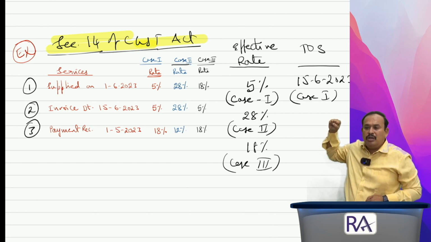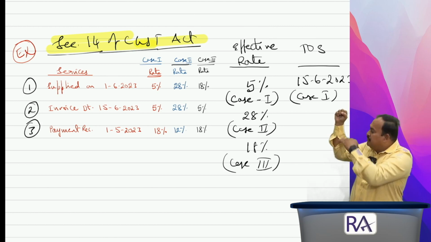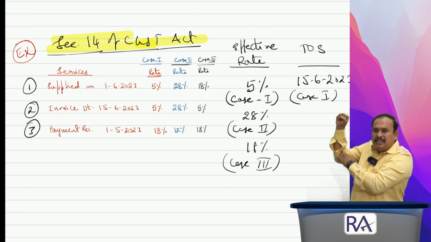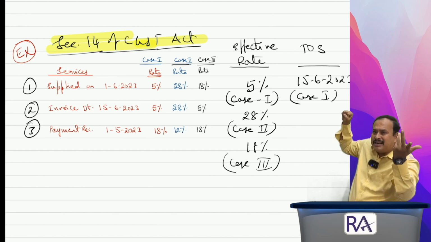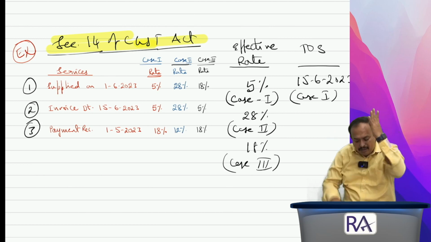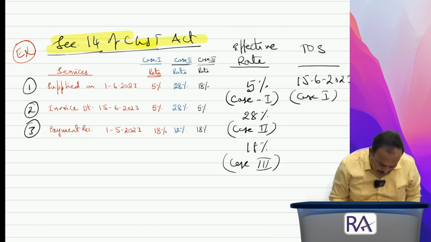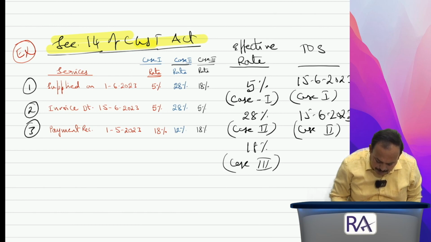If so, the date of completion of supply of service is at 28%. The invoice is at 28%, matching. Therefore, here also the date of invoice is the time of supply in case 2, namely 15th June.